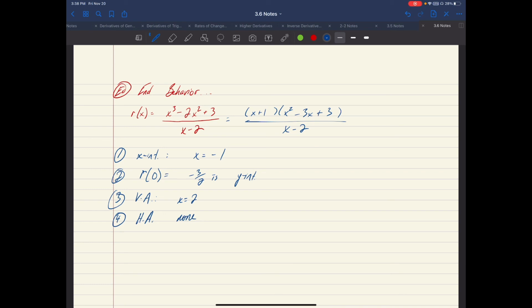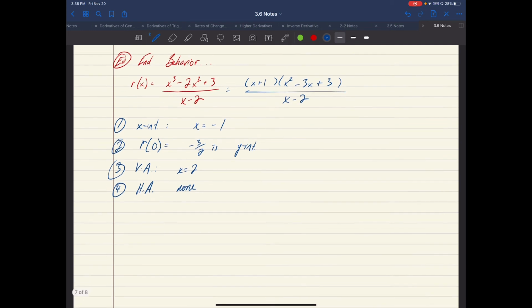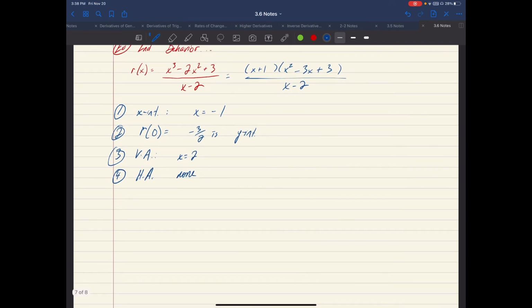Now you don't really have to do a lot of these. This one's just asking about end behavior. It's not even asking you to graph it. But we do have to run this through the polynomial long division and look at what that does. So we would have x cubed minus 2x squared plus 3 divided by x minus 2.